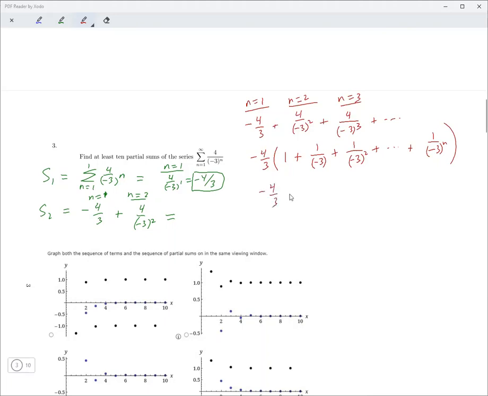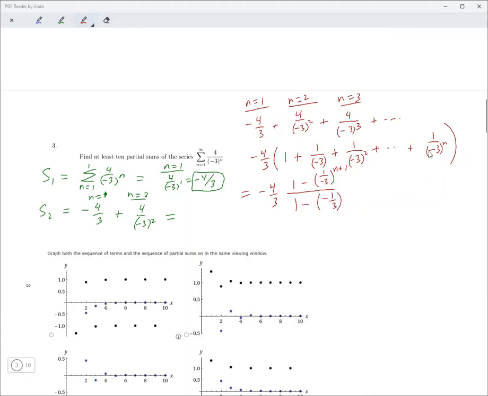Now, according to the first page, all of this is going to be 1 minus 1 over negative 3 to the n plus 1 over 1 minus negative 1/3.